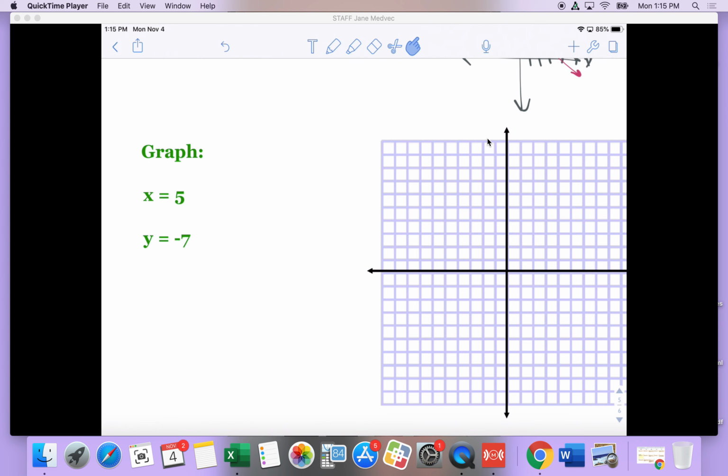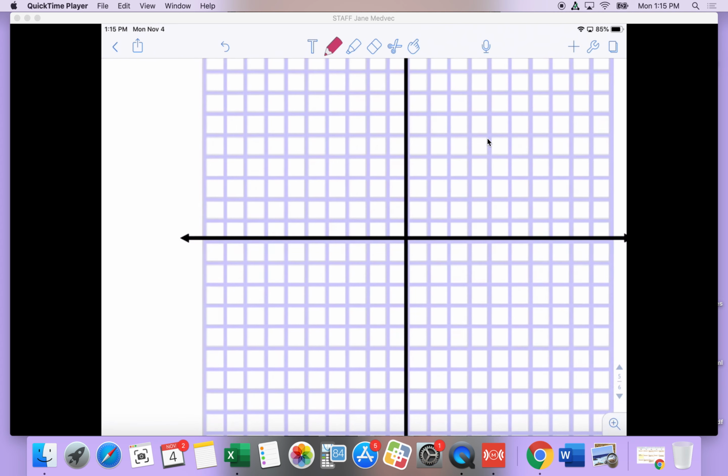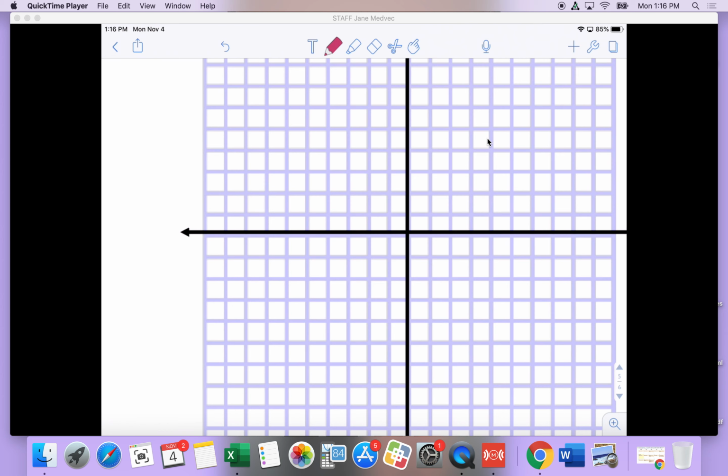Okay. This one, x equals 5 and y equals negative 7. This is actually easier than anything, but students freak out about it. X equals 5. What does that graph look like? Yeah, it's vertical, isn't it? So what I told my kids last year is find out where x is 5, right here. And it doesn't go with the axis, meaning it doesn't go on top of it. It goes the opposite direction.